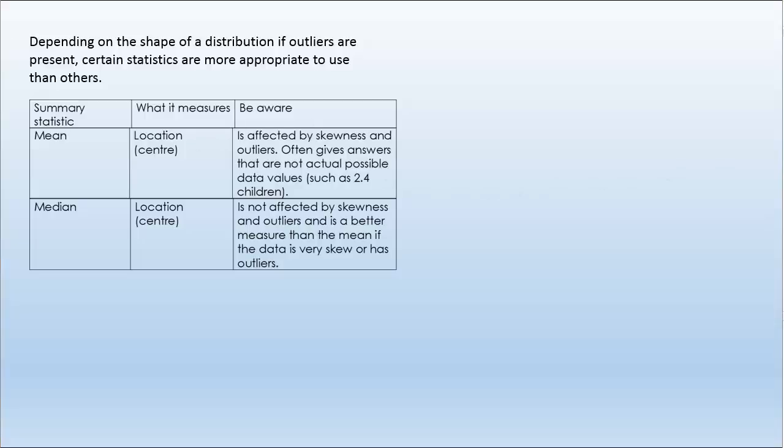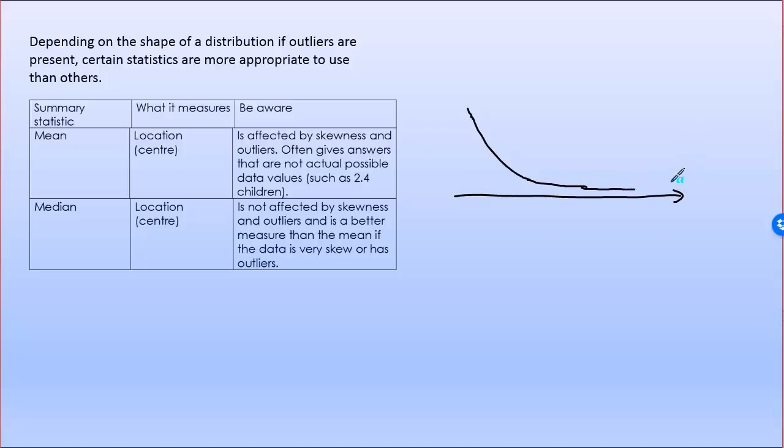Now let's just consider what we're saying here. Suppose we have data that is very much skew, so there's a lot of data at this end and not very much data as we go along. And then we have an outlier out here somewhere, or maybe a couple of outliers out here.